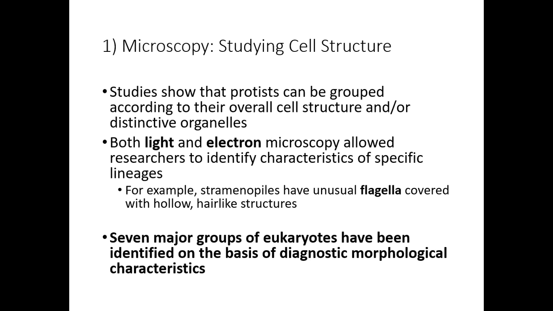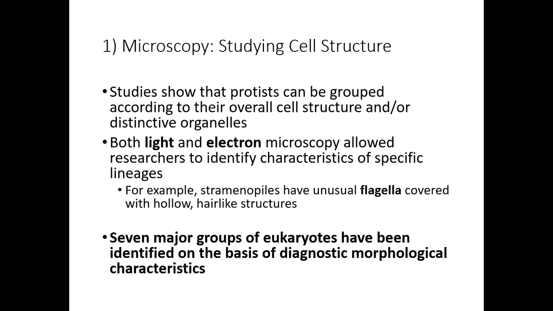If we look specifically at microscopy, like I said, this is one way of studying them. We can group them by their cell structure and distinctive organelles. By looking under the light microscope, we get an idea of what these things look like more superficially. Electron microscopy allows us to look at the lineages in more detail.